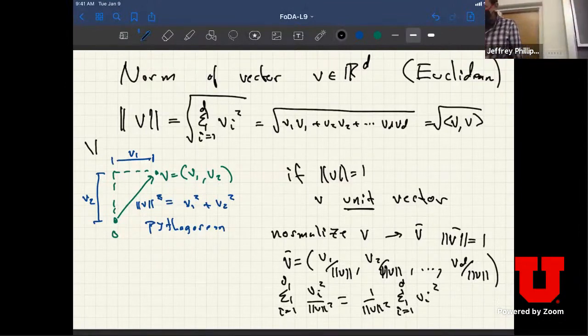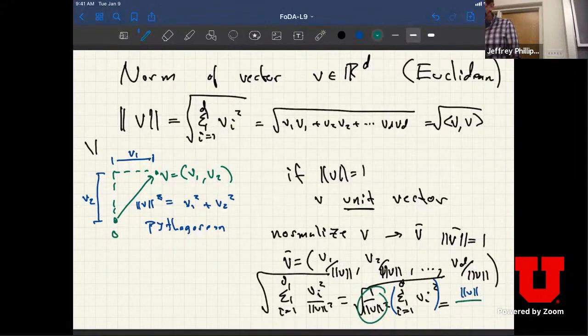And then if I take a square root, this norm of V factors out of the square root, and I'm going to get the two parts here. This part is exactly equal to the norm of V, and this part after the square root is also the norm of V, so this has to equal 1. So I can turn it into a unit vector by dividing every coordinate by the length.